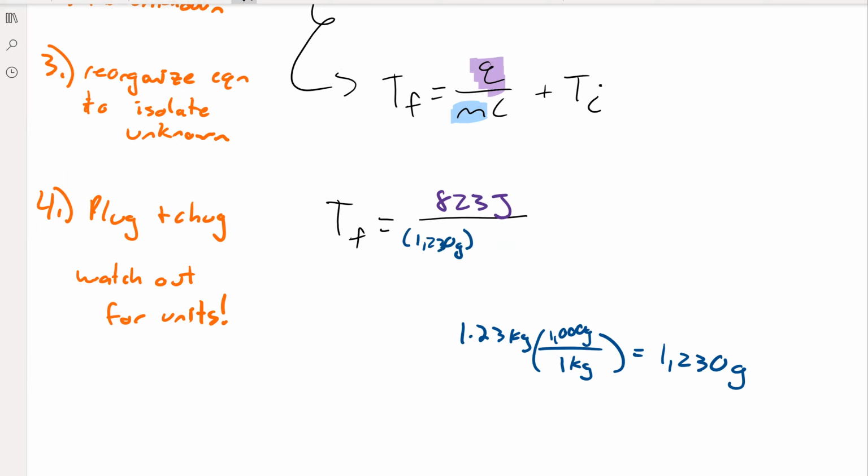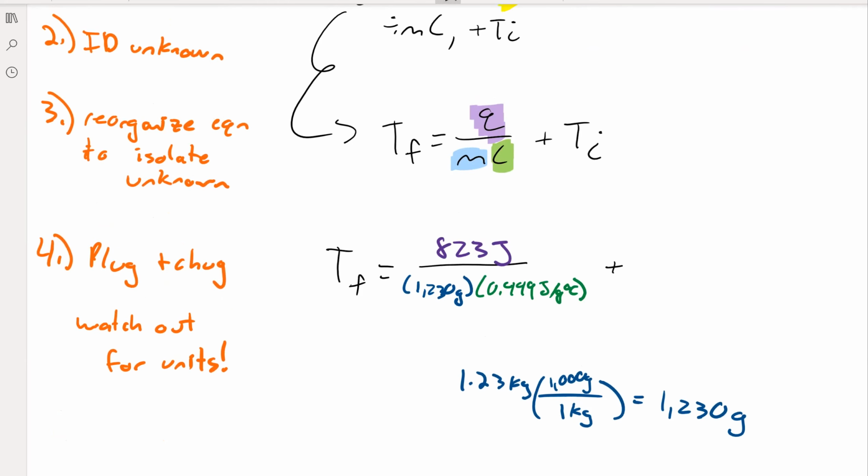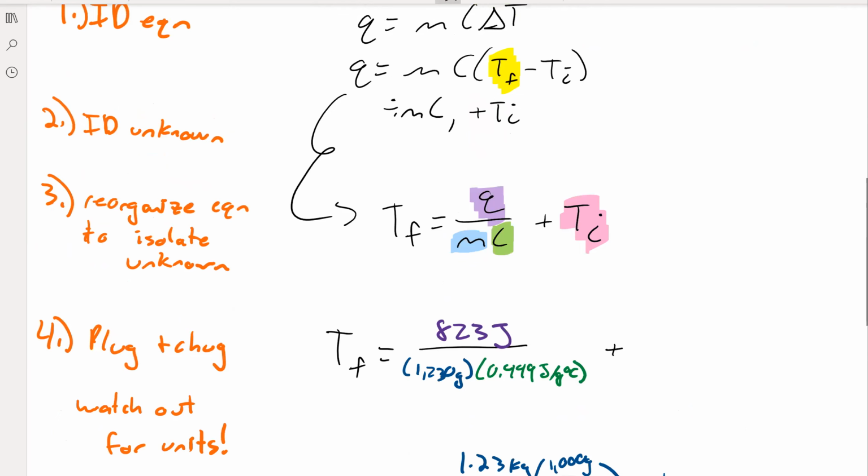Next up, we've got our C, our specific heat capacity, which is given as 0.449 joules per gram degree Celsius. And then finally, we have plus our TI, which is our initial temperature.